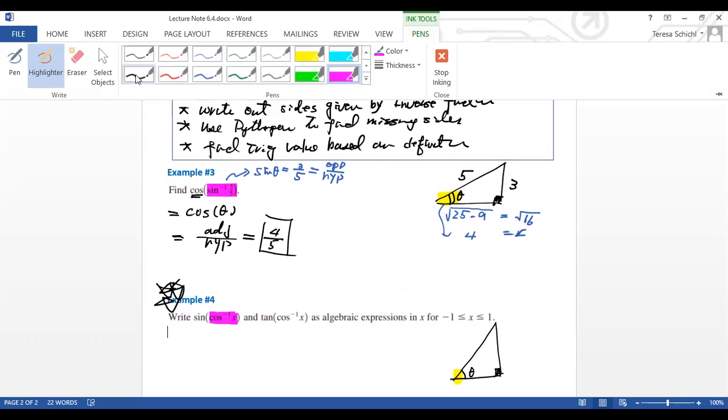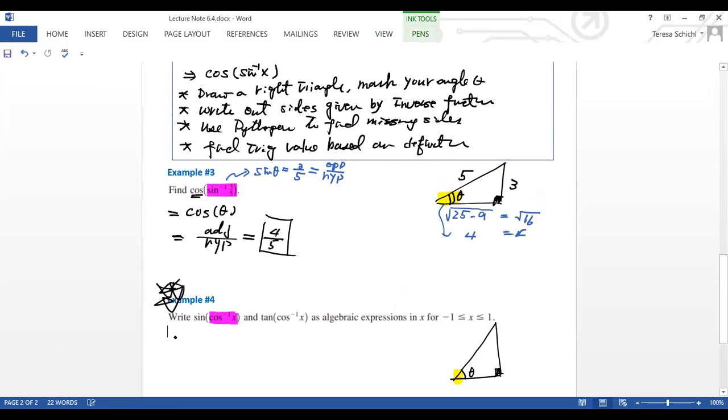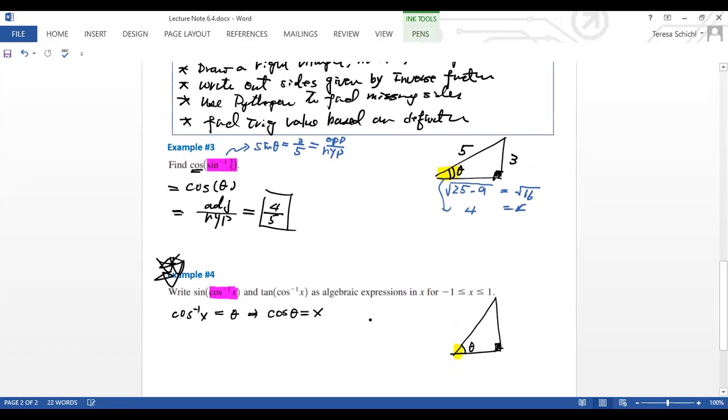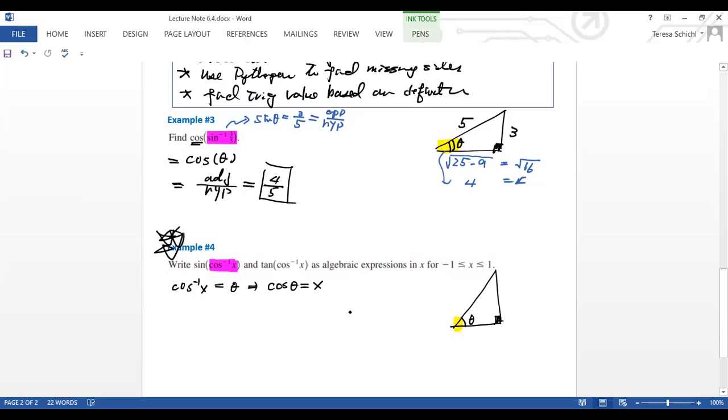Let's take a look at what that means. The cosine of arccosine x means we are given an angle, and that means cosine theta is equal to x, correct? Based on my definition, cosine is adjacent over hypotenuse, but right now I only have an x.